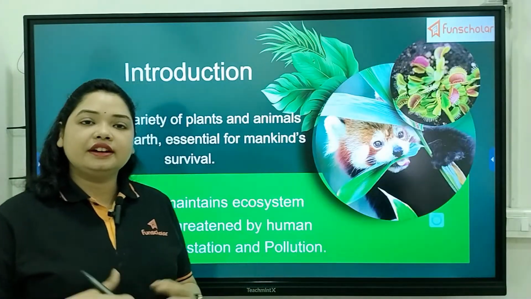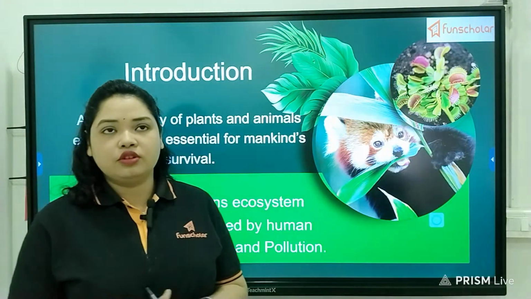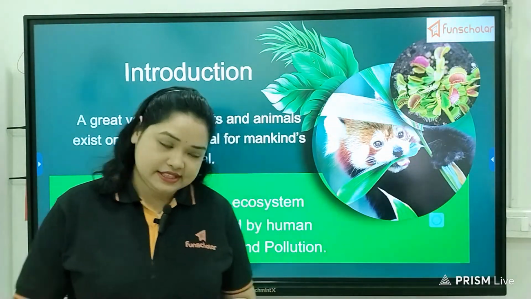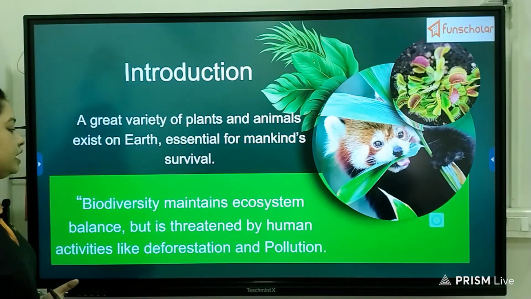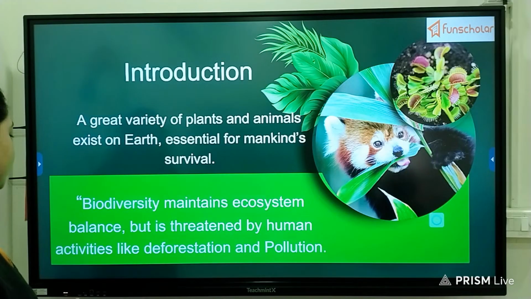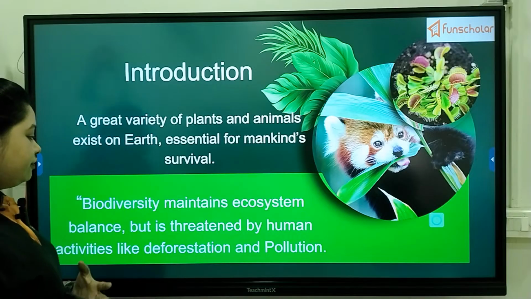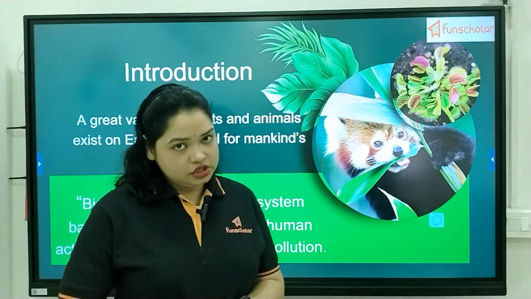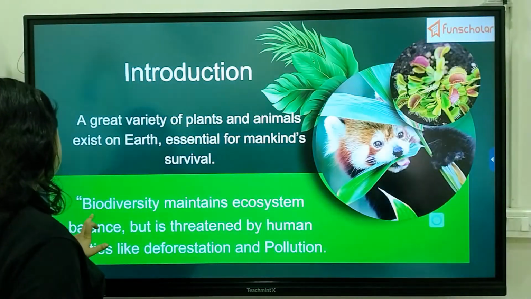So if we consider that on a global basis or in the biosphere, that includes the biodiversity. So biodiversity helps maintain ecosystem balance, but is threatened by human activities like deforestation and pollution, about which we have just now watched in the video.